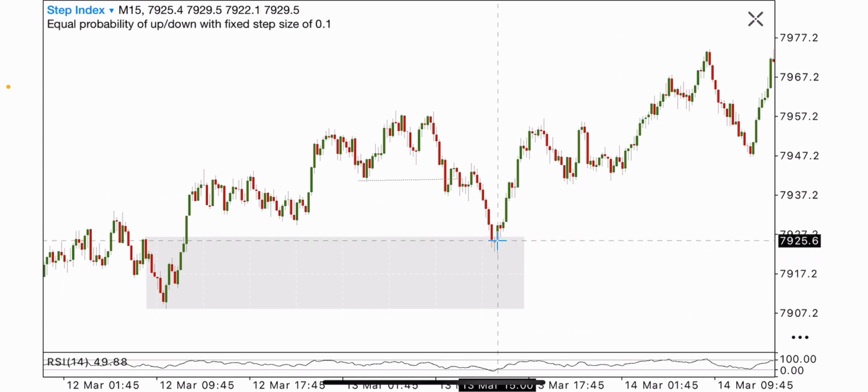We have a lot of confirmation that we can use to execute trade when we get to our POI. For me, I will switch to my lower time frame and look at the lower time frame structure and probably execute this trade at this point.